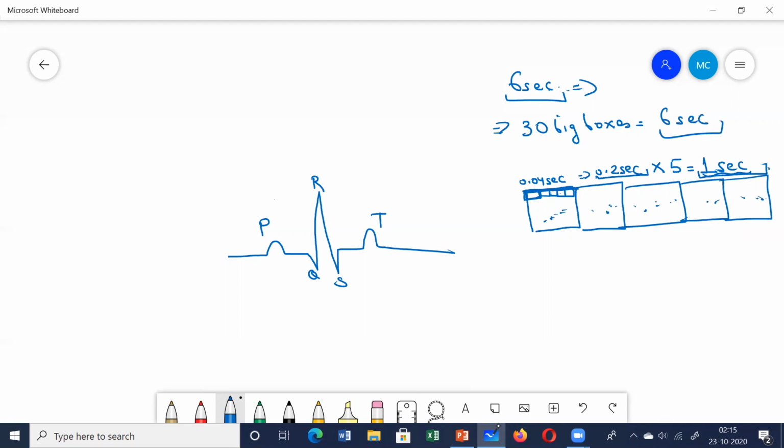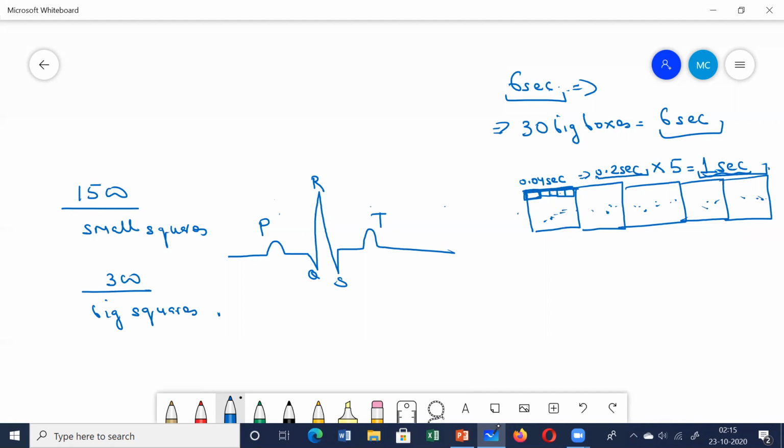So if you find that the rhythm is not regular and you're not able to calculate it by the method I told you just now, that is 1500 by the number of small squares or 300 by the number of big squares, what you can do is count 30 big boxes. 30 big boxes means 6 seconds.